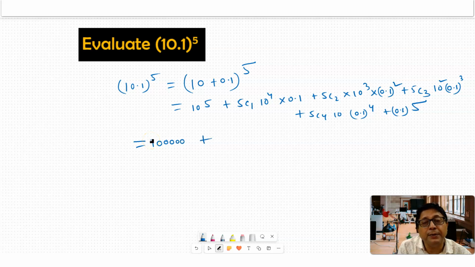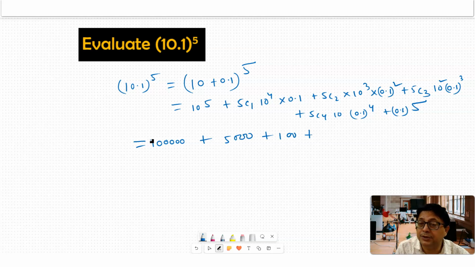5c1 is 5. 5 and 10 to the power 4 times 0.1 is 10 cube. So 5 into 10 cube, that is 5000. This plus 5c2 is 10. 10 into 10 to the power 3 times 0.01 is 10 to the power 4 by 10 square, it is 100.